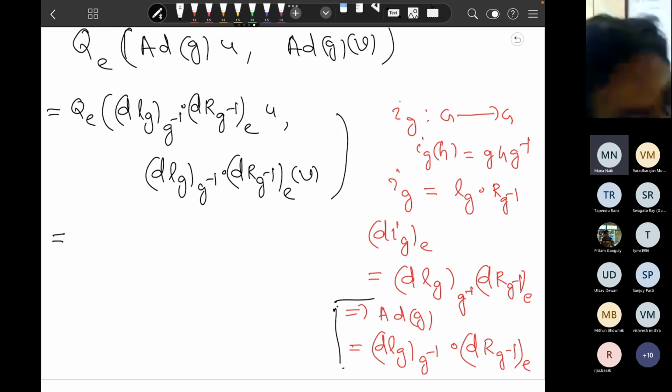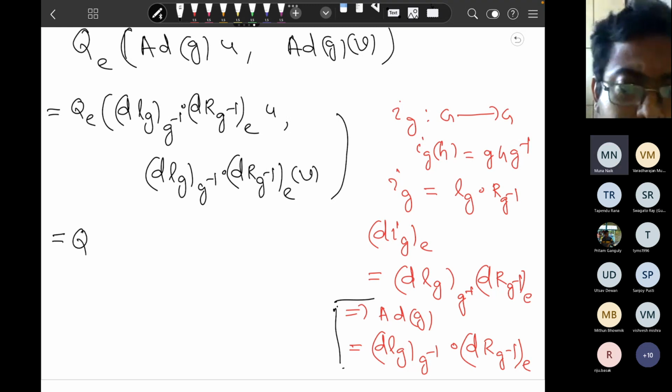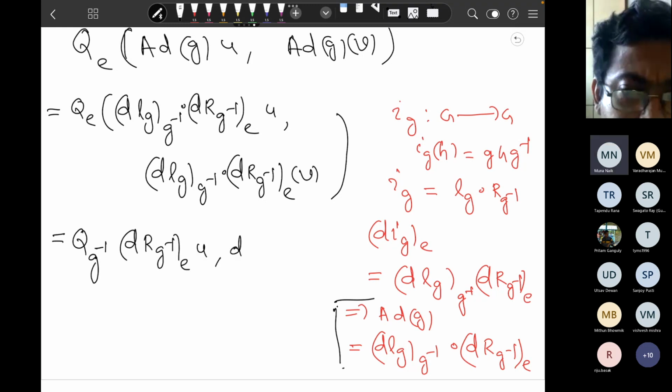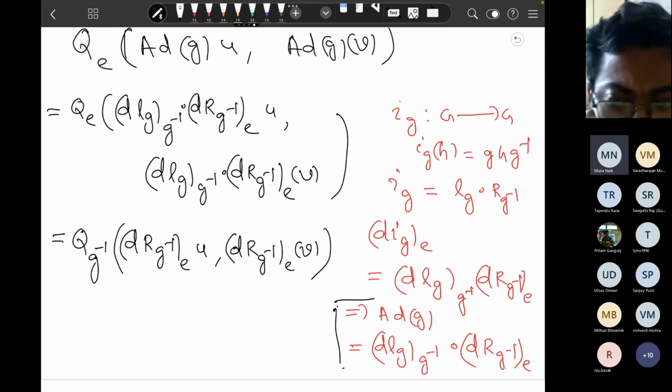So now you use this thing that Q is left invariant. That will give you Q at g inverse, dR_g inverse of u. I did something wrong here somehow. Sorry, okay, just wait.